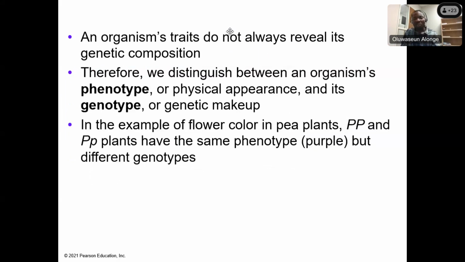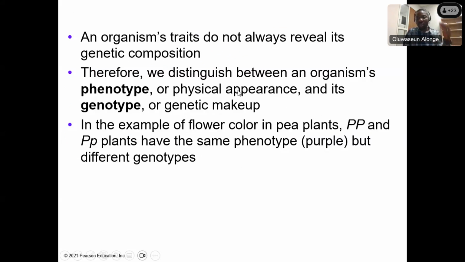So an organism's trait does not always reveal its genetic composition. Therefore, we distinguish between an organism's phenotype, or physical appearance, and its genotype, or genetic makeup.